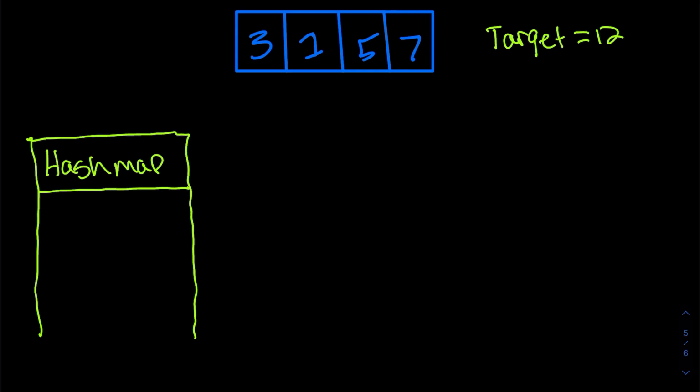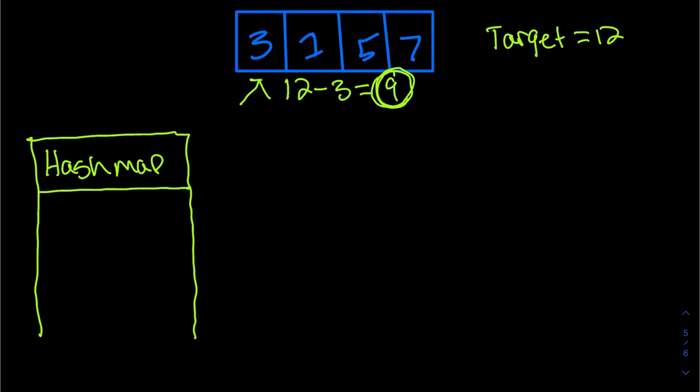Now let's start at 3, the first index and the first value. And now let's ask ourselves, what number do we have to add to 3 in order to get 12, the target? Well, that's just 12 minus 3, which is 9. And then we ask ourselves, have we seen this 9 before in the array?